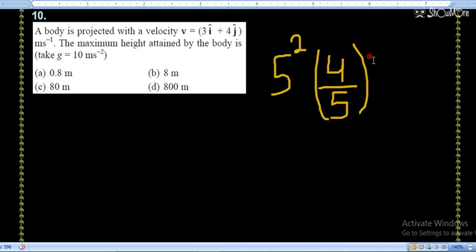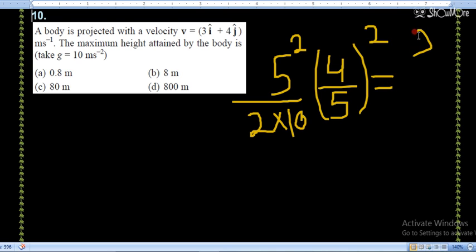So this was the relation. This is u square into sin square theta by 2g, so 2 into 10. This will be the maximum height attained by this body, h max.